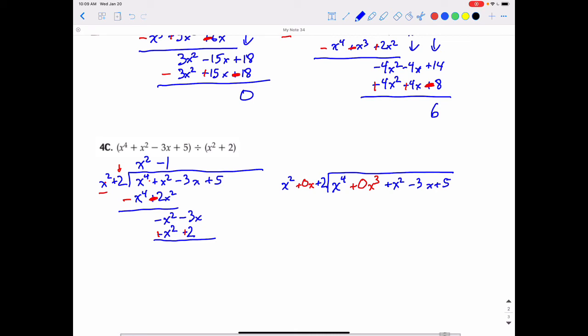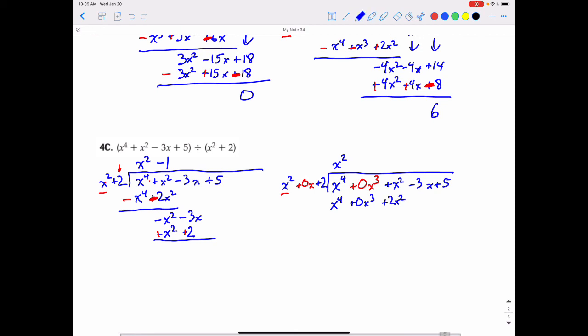So now we go back to our problem, and our key term is still x squared. So x squared goes into x to the 4th, x squared times, because x squared times x squared is x to the 4th. X squared times 0x we will call 0x to the 3rd. And x squared times 2 is 2x squared.